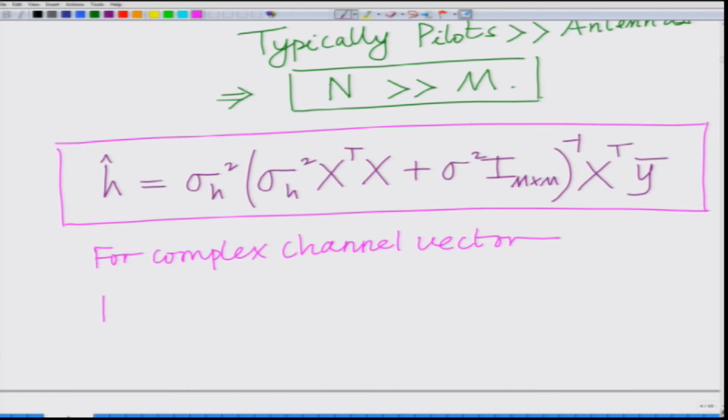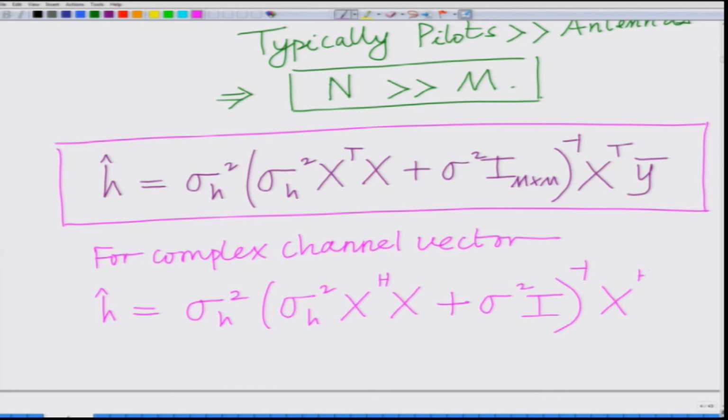This is the trick that we use fairly often. You simply replace the transpose by the Hermitian, that is all you have to do. Sigma h square times x Hermitian x plus sigma square identity inverse, times x bar Hermitian y bar. This is for a complex vector h bar.